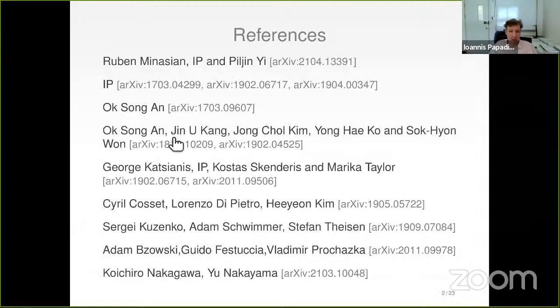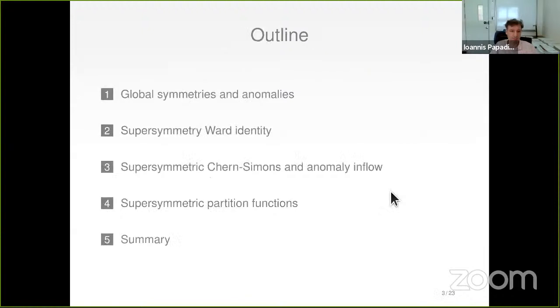So there are several references that pertain to this talk. I will mostly talk about this last paper here that appeared a couple of months ago, but also a series of earlier papers that this paper built on. And there are several other papers in recent years that discuss very closely related phenomena.